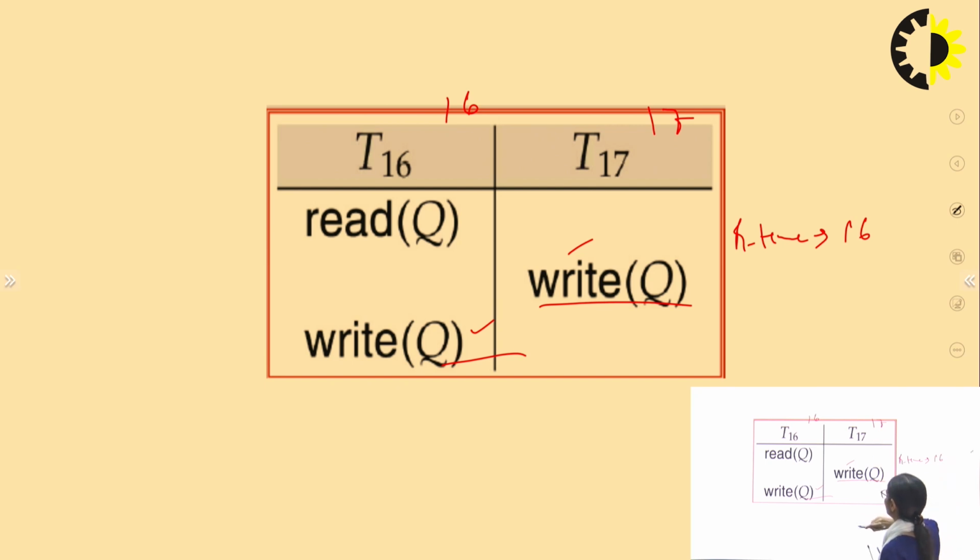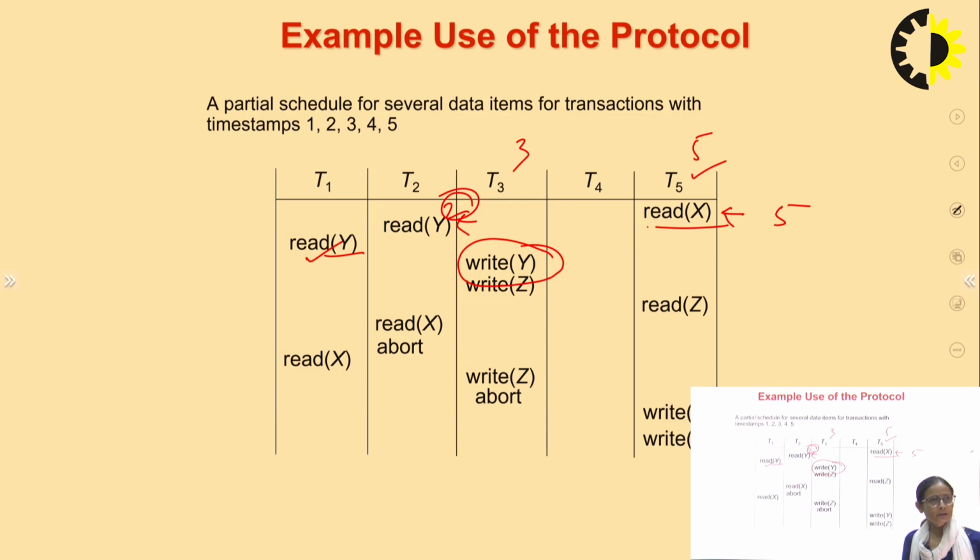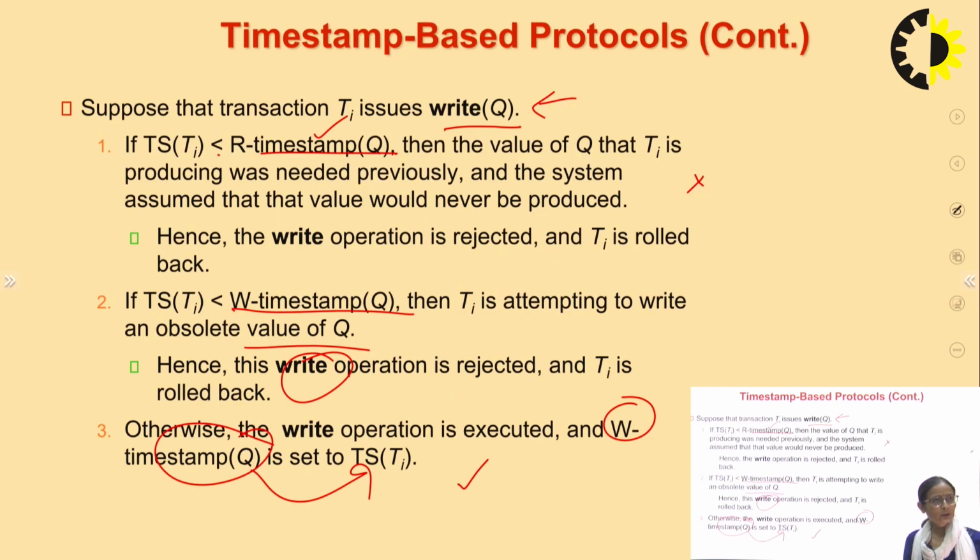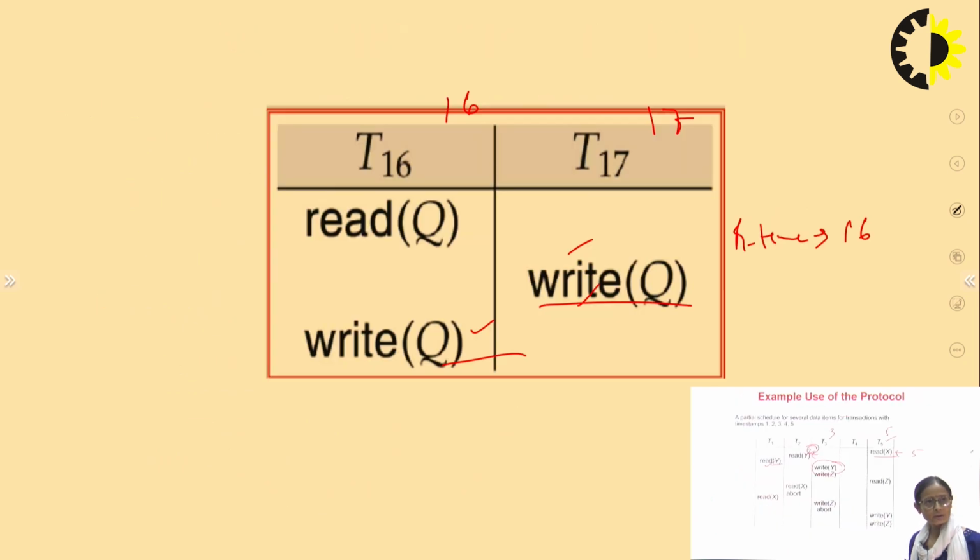Now T17 comes and performs the write Q operation. According to my rule, we check the TS of Ti, which is 17, against the R timestamp value on data item Q, which is 16. So in this case, the write permission is granted.